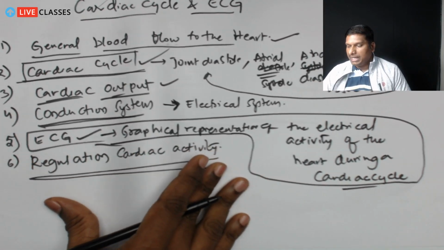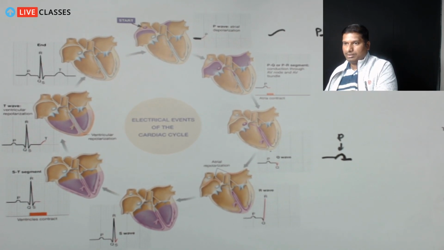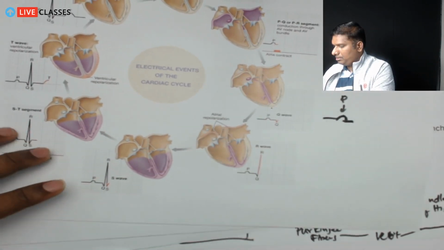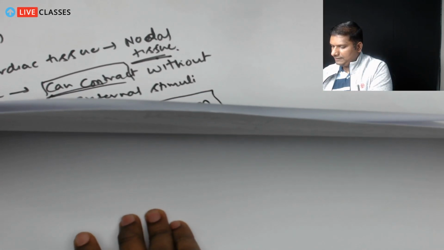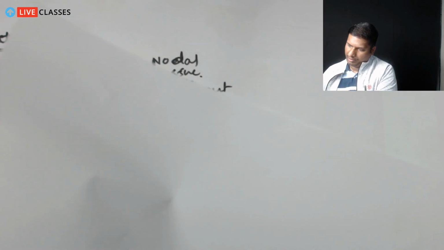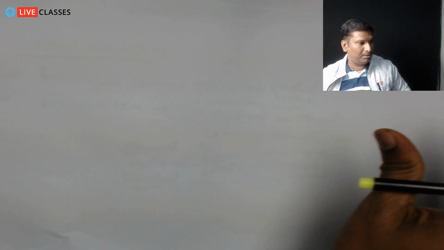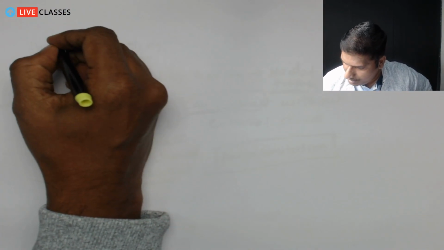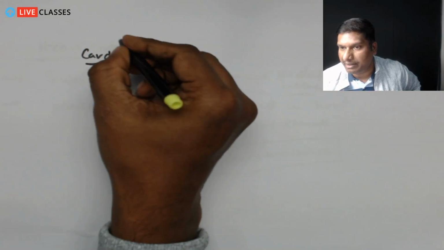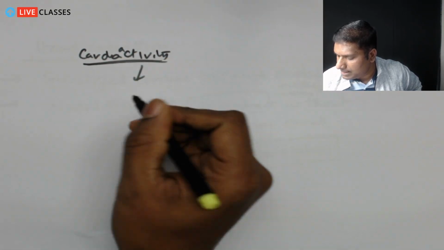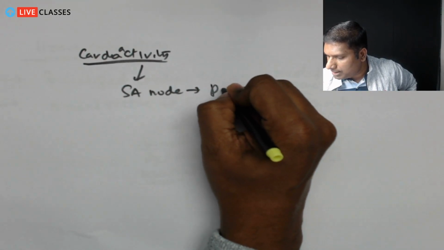Like I said, the cardiac activity is controlled by the SA node, because of which the SA node is called the pacemaker of the heart.